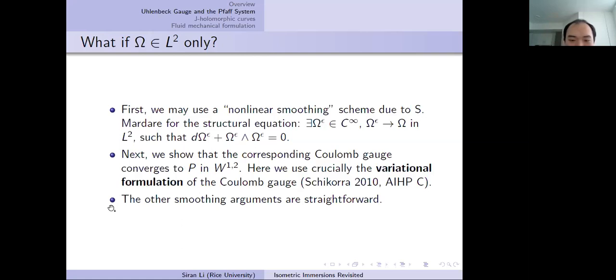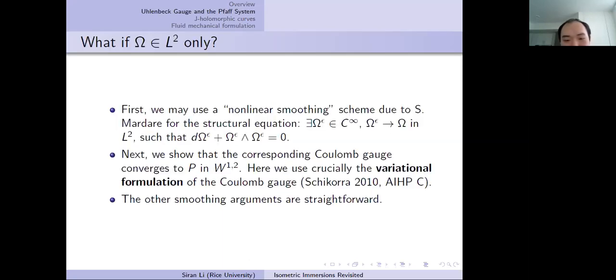He discussed a variational formulation for the Coulomb gauge, and I think that paper only works in L^2. That's what really helped me here. By using that variational formulation, we can prove an L^2 stability result for the minimizer, or for this Coulomb gauge as a minimizer. And this will help me show the convergence for the Coulomb gauge. Except for these two, the other smoothing arguments are sort of more straightforward.